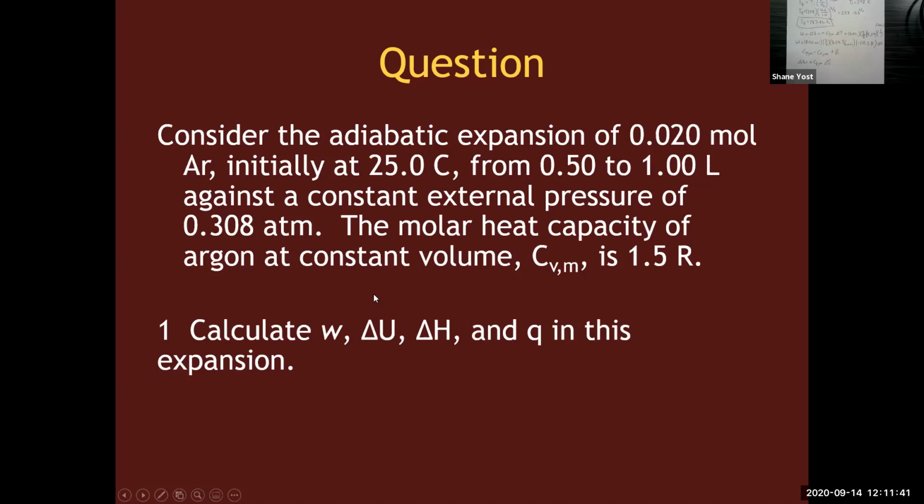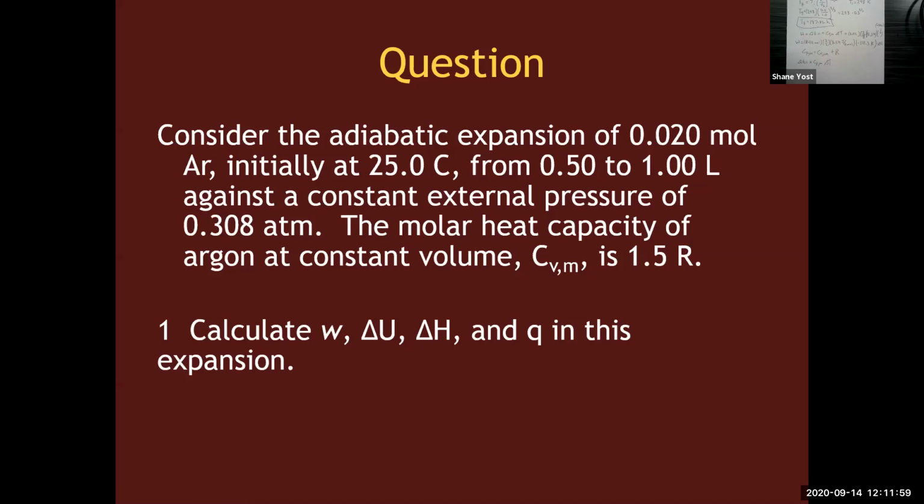All right. So here we have the adiabatic expansion of 0.02 moles of argon. Same number of moles, same initial temperature, same initial volume, same final volume.